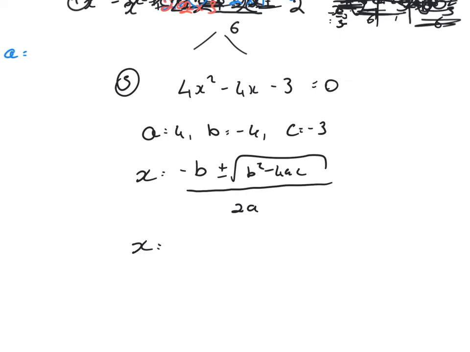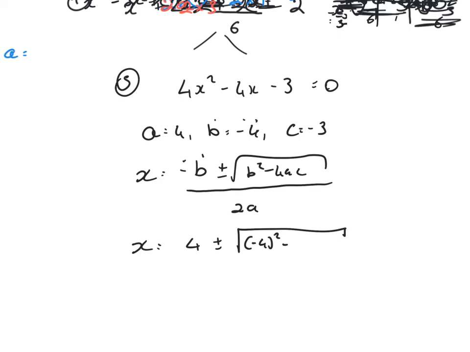Okay, where we see a, we're going to replace it with 4. Where we see b, replace it with minus 4. And c, we replace it with minus 3. Okay, b is minus 4, which means minus b is minus minus 4. That's plus 4, plus or minus the square root of b squared. Okay, b squared is going to be minus 4 squared. Let's wrap a bracket around it.